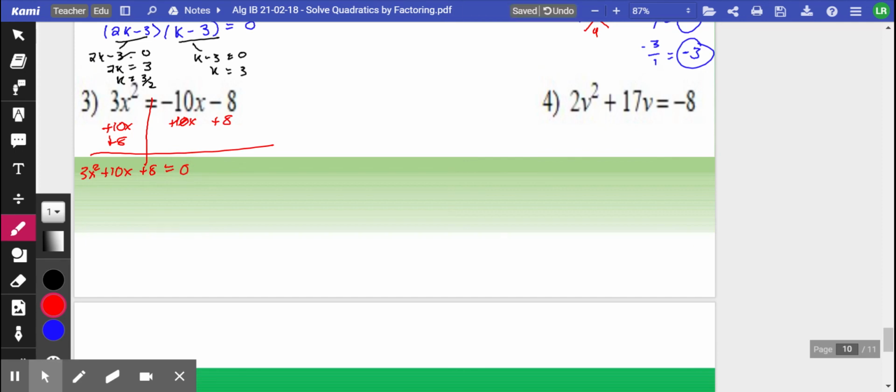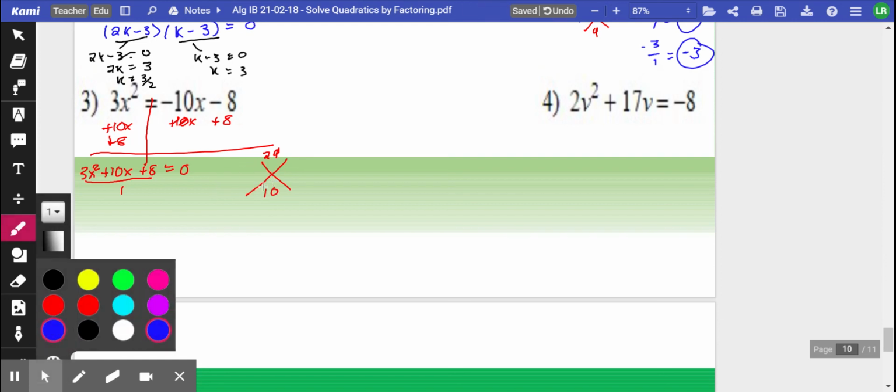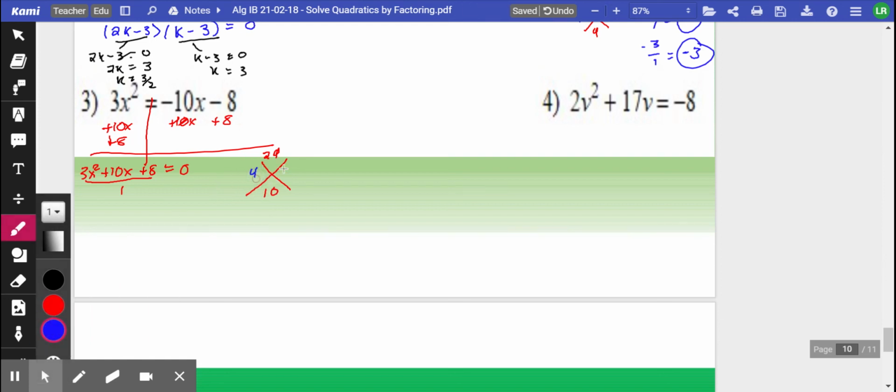Okay, it's a quadratic. From here, magic numbers: multiplies to be 24, adds up to be 10. And my two magic numbers are going to be 4 and 6.